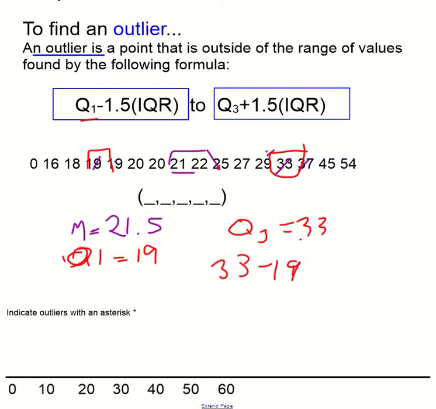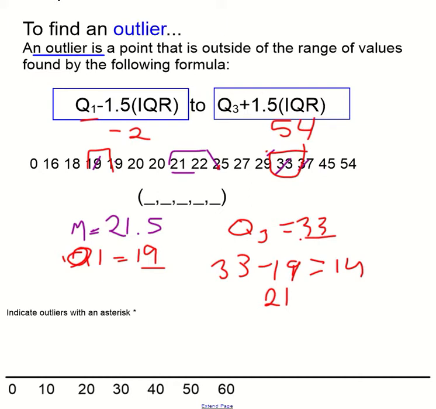That gives us 14. So we take 14 times 1.5, which gives us 21. Now we add 21 to our quartile 3 and subtract it from our Q1. So 19 minus 21 gives me negative 2, and 33 plus 21 gives me 54.